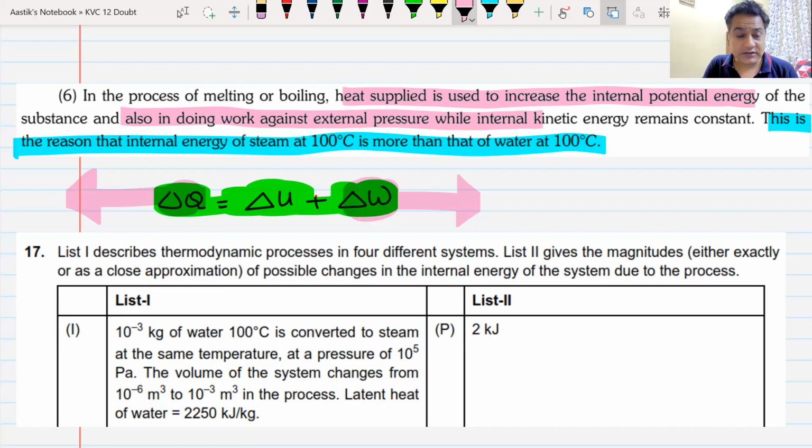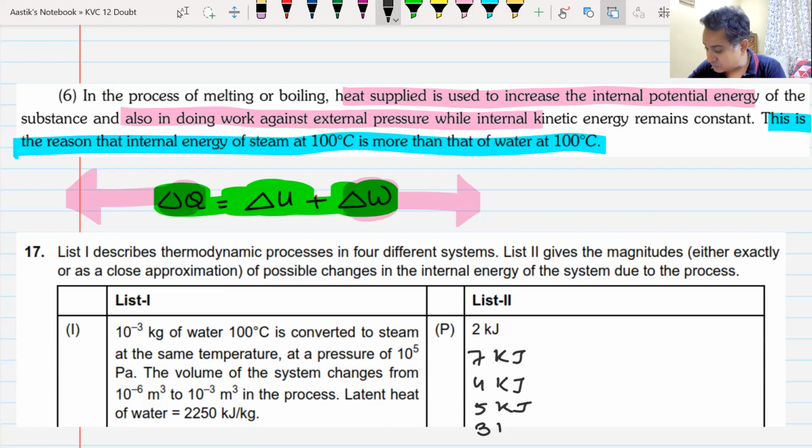I'll tell you the options that are given. One option you can see is 4 kilojoules. The second option, I think, from the list is 7 kilojoules. The third option is 4 kilojoules. The fourth option from the right hand side is 5 kilojoules. And the fifth one is 3 kilojoules.